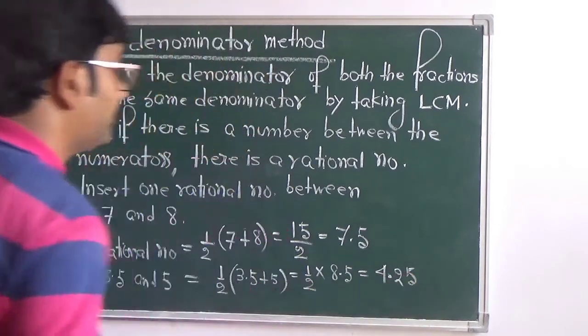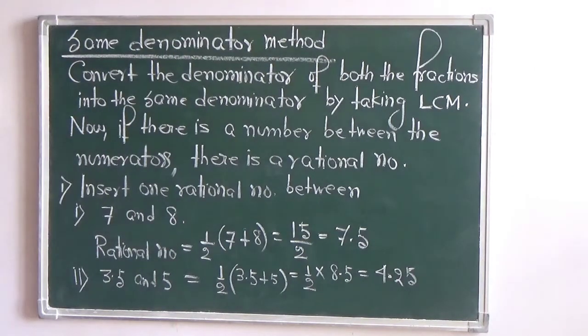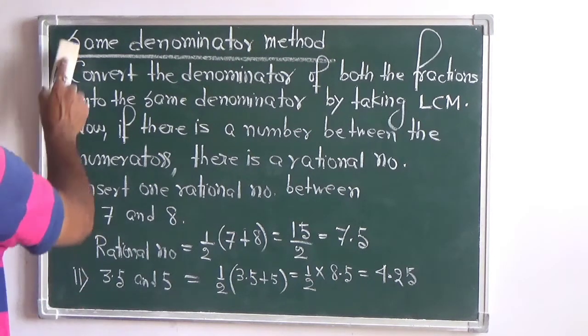So that will be 4.25. You can very clearly see that 4.25 is a number which is greater than 3.5 and less than 5. So 4.25 is a rational number between 3.5 and 5, and we have obtained the result by using the formula method.